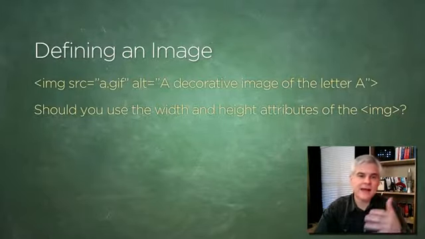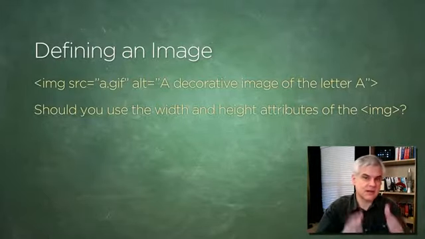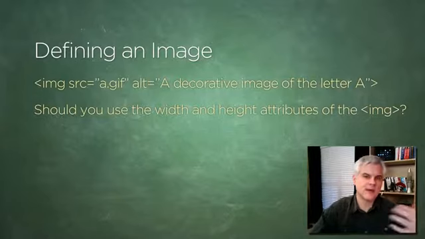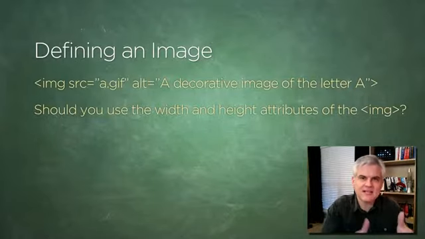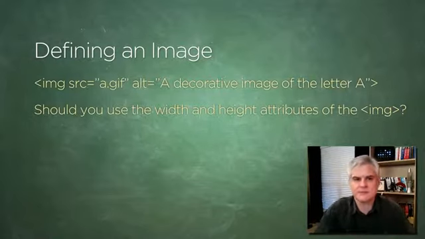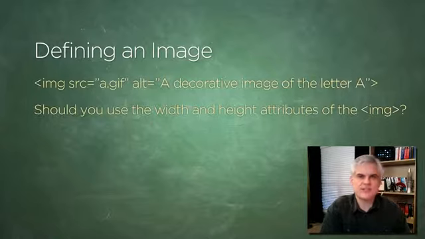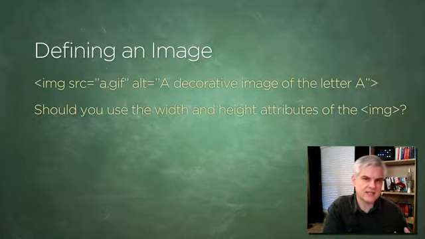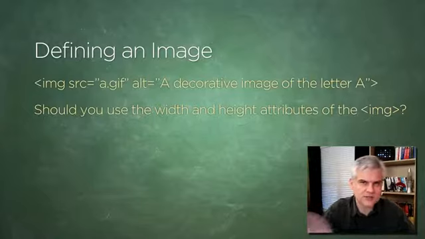So there is a pragmatic rationale for their existence, because it might help with the formatting of the rest of the page if you're relying on the size of that image to help format the rest of the page relative to that image. But I still think, despite that advantage, you should opt to keep things semantically clean and keep all your presentation information, including the size of the images, in your cascading style sheets, okay? And we'll show how to do that much later.